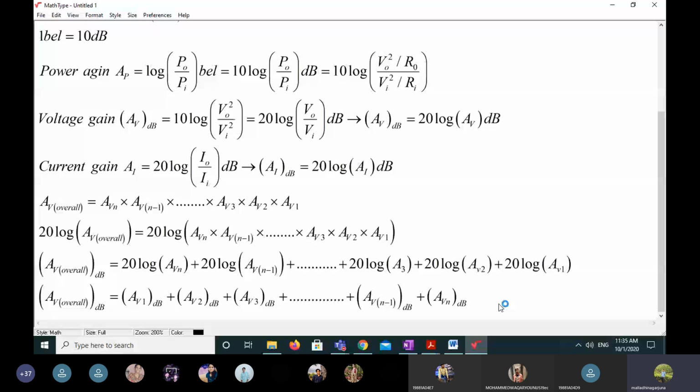Overall absolute gain is equal to product of individual absolute gains. The next one, overall decibel gain is equal to sum of individual decibel gains.